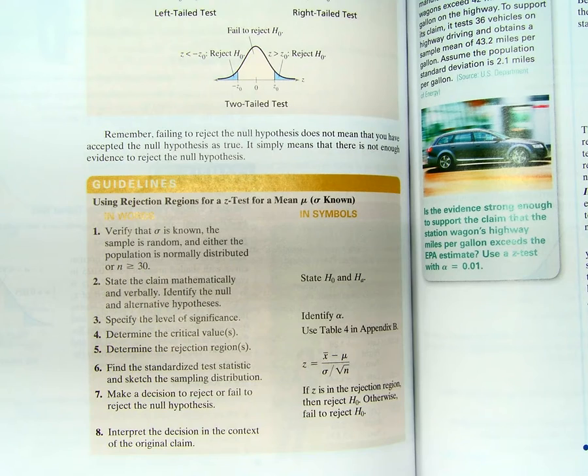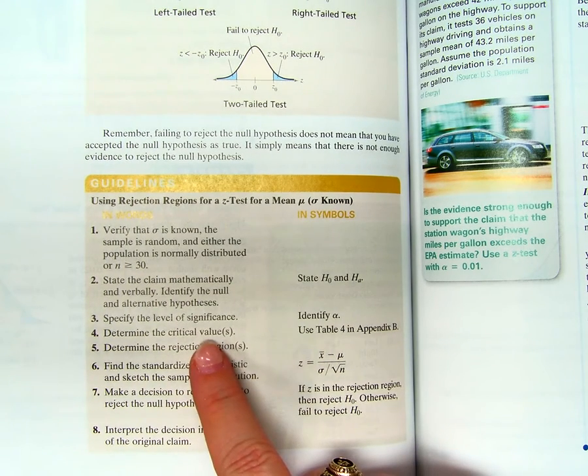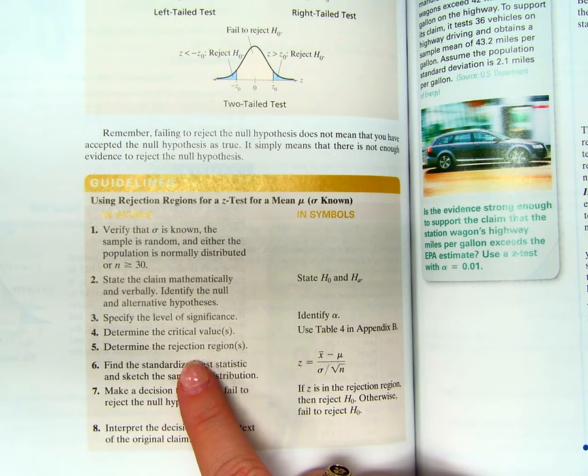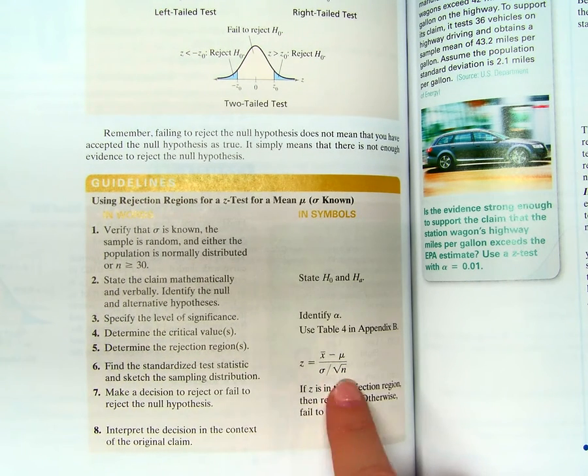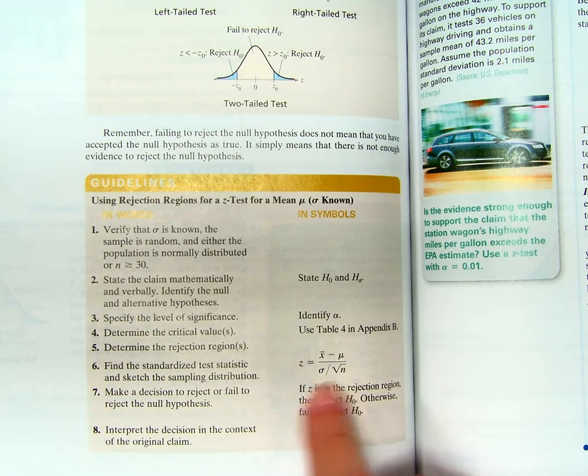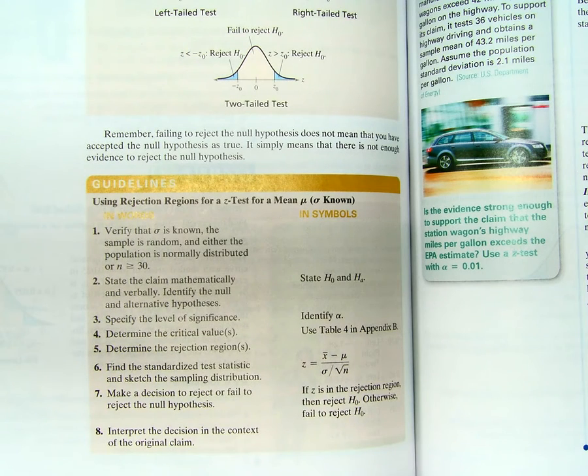Make sure you specify your level of significance. Determine your critical values using your z-values. Determine a rejection region. Use this formula to find your z-value if you need to, and then make a decision to reject or fail to reject the null hypothesis. And then last but not least, if you need to, interpret the decision based on the original claim. Okay?